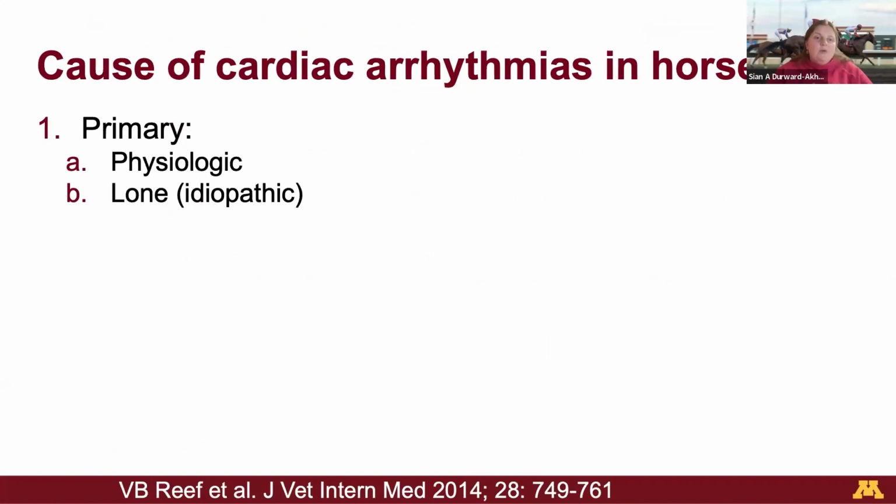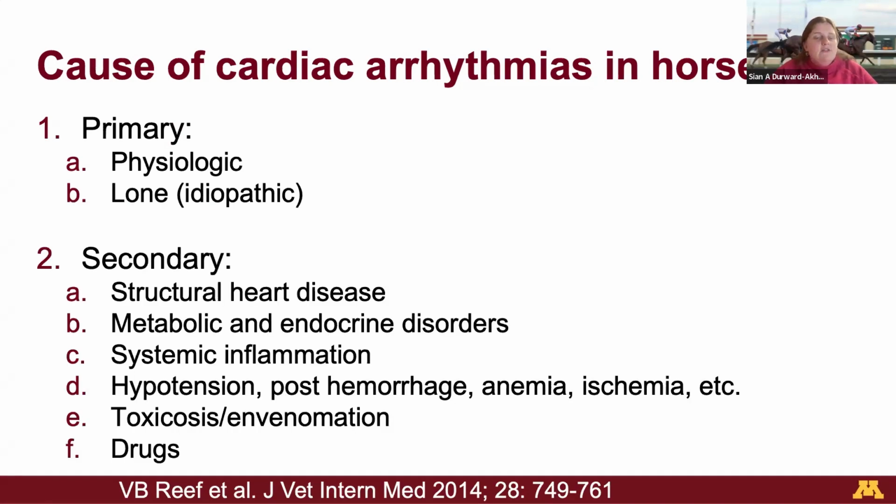So when we think about what causes arrhythmias, there are primary arrhythmias, which are those that are caused by physiologic mechanisms, or those without an apparent cause, lone or idiopathic arrhythmias. And then there are arrhythmias that happen secondary to something else that's going on. So these are usually underlying diseases that lead to alterations in the electrical pathway.